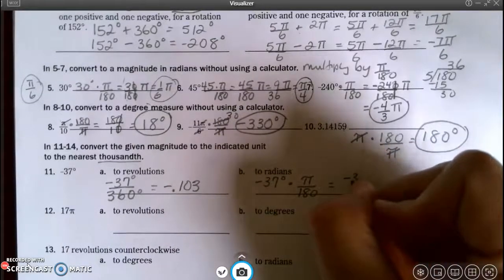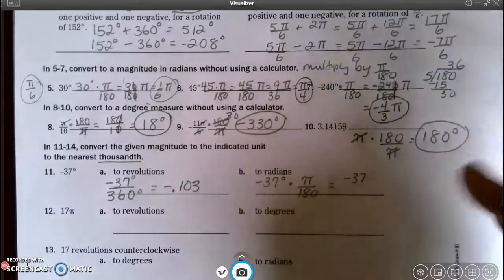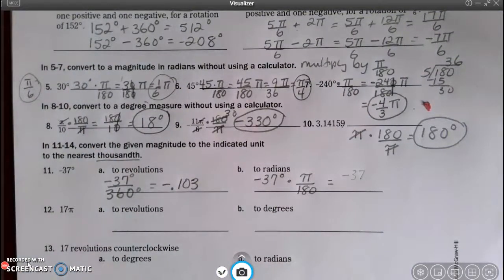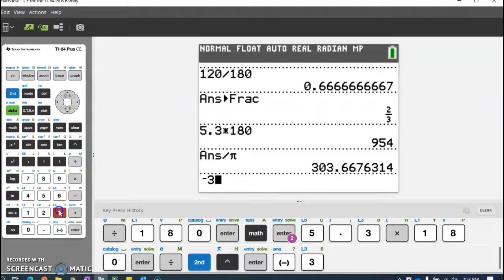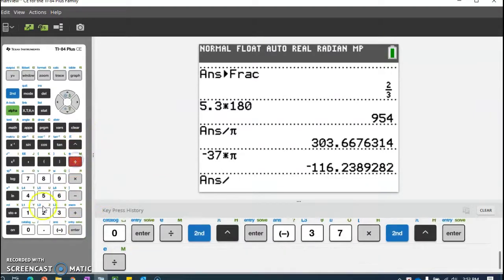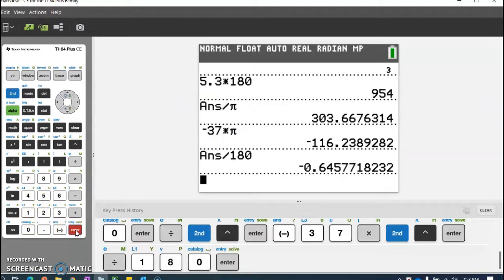Actually, since this is all to the nearest thousandth, I'm just going to type into my calculator negative 37 times pi, and then I need to divide that by 180. And I get negative 0.646, and that's radians.